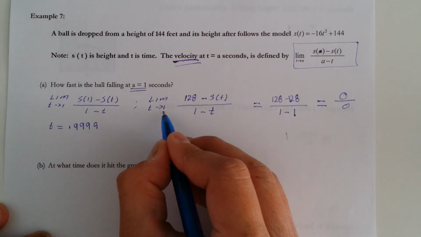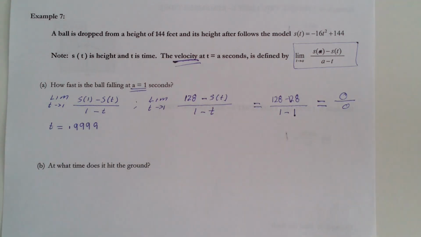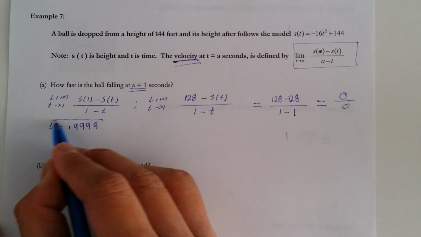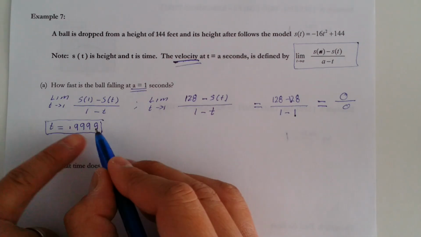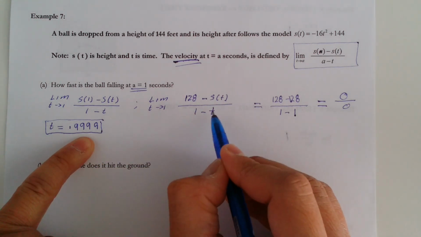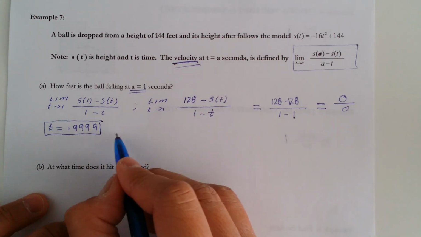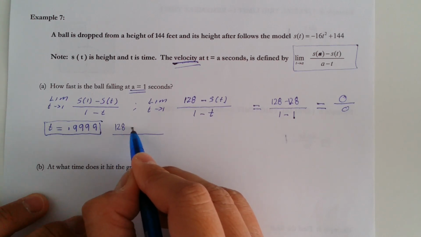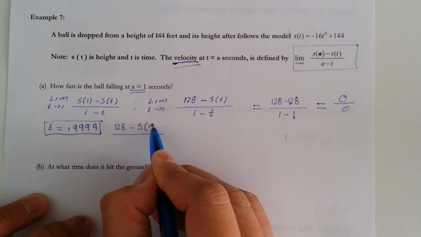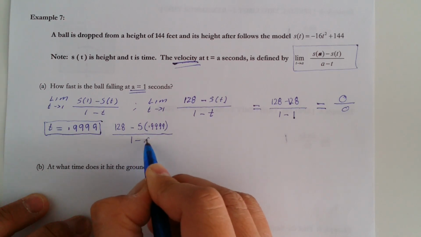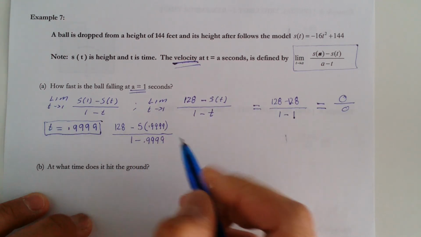I replace that for t in both places, so I'm going to get 128 minus s of 0.9999 over 1 minus 0.9999.